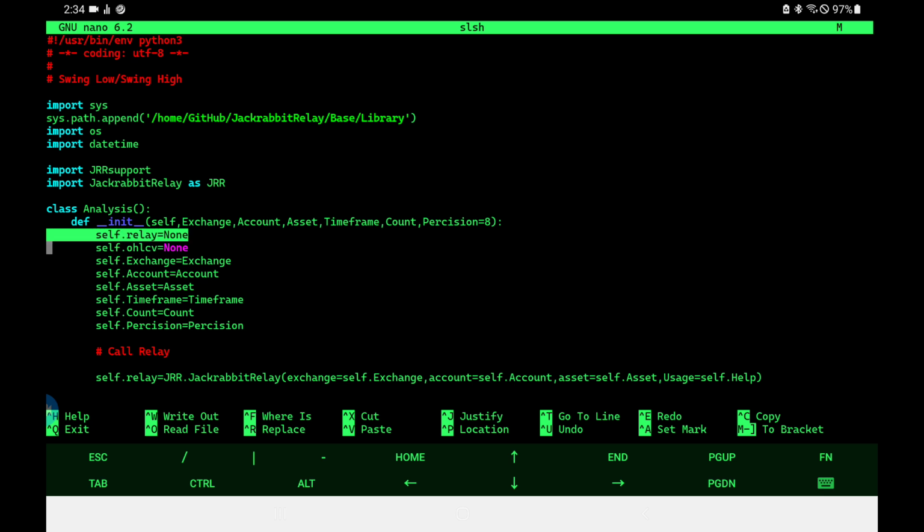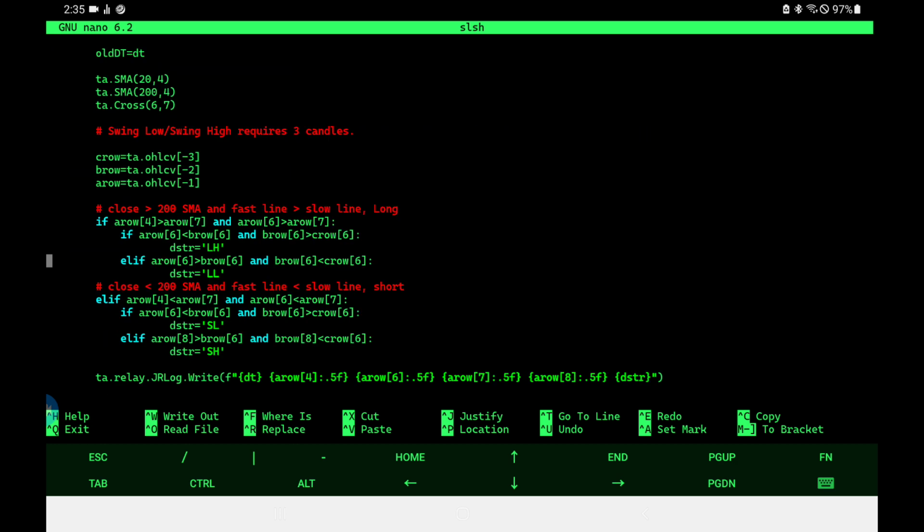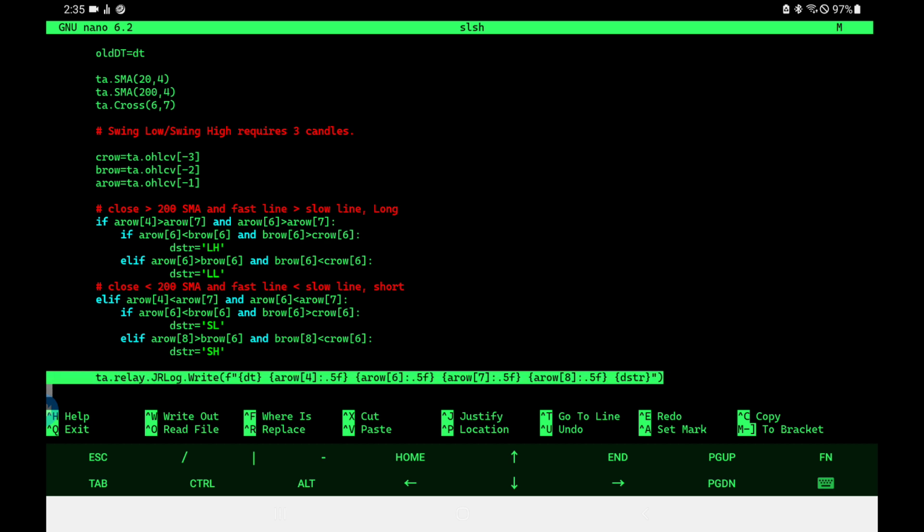The benefit of this is anything encompassed inside of Jackrabbit Relay is accessible to us, including Jackrabbit Relay's logging facility. So we're able to actually use the normal logging facility that Jackrabbit Relay provides. And we are going to write out this information into a log file. This is the log file I demonstrated a few seconds ago, showing all the varying conditions.